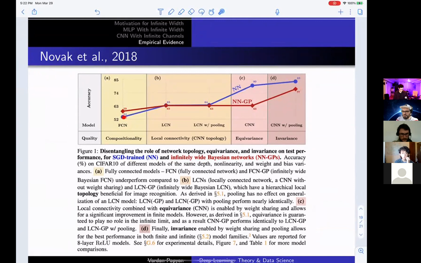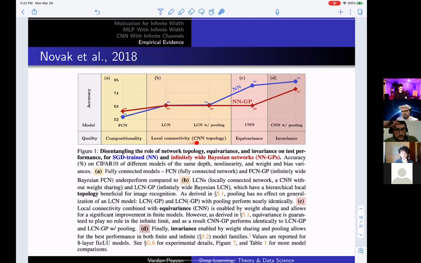So this is fully connected networks in blue versus the Gaussian process, infinite width networks. You can see that for fully connected networks, you get better performance by using their infinite width networks, right? 54% versus 59%.